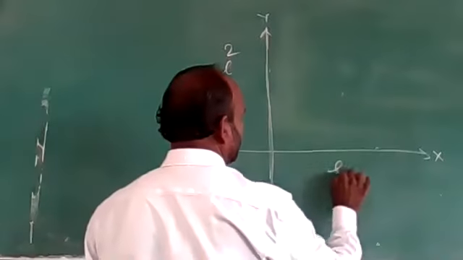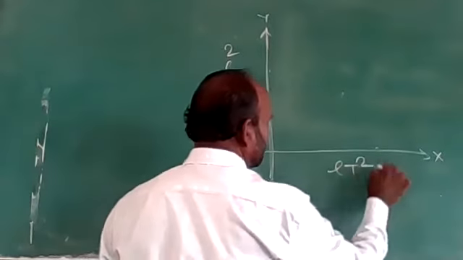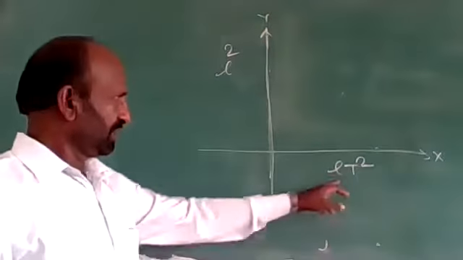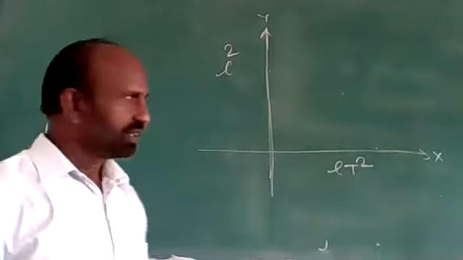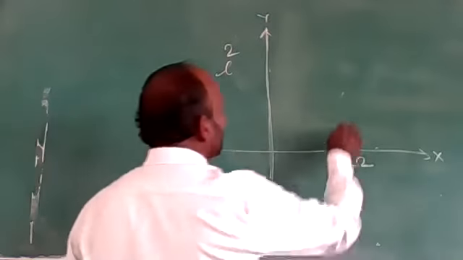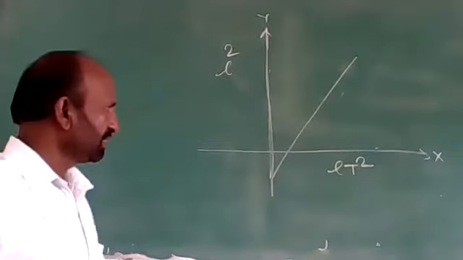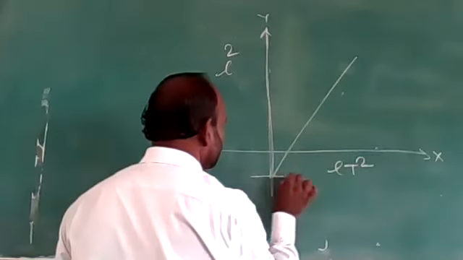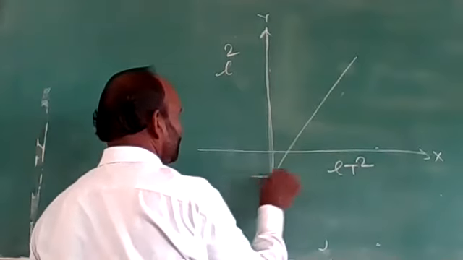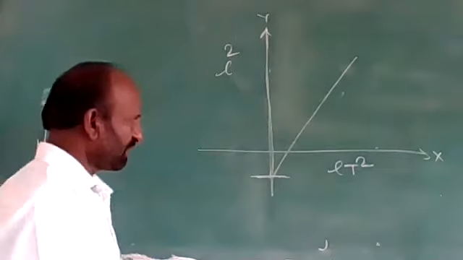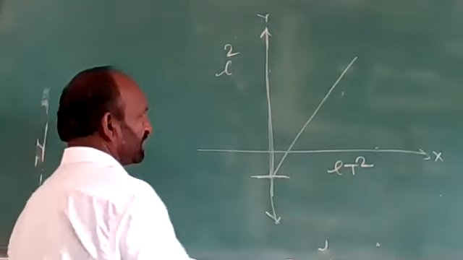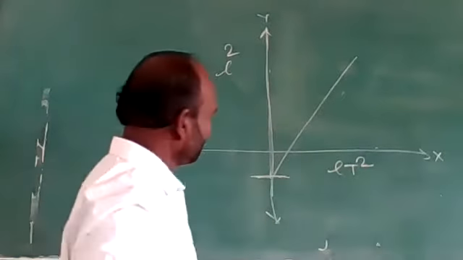Along the x-axis, we have LT square. T is the corresponding period. And then the nature of the graph is like this. Now this negative intercept on the y-axis, this is the y-axis, this is the x-axis.